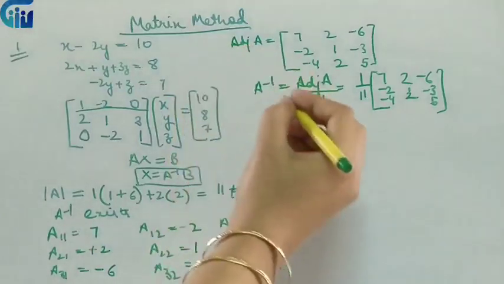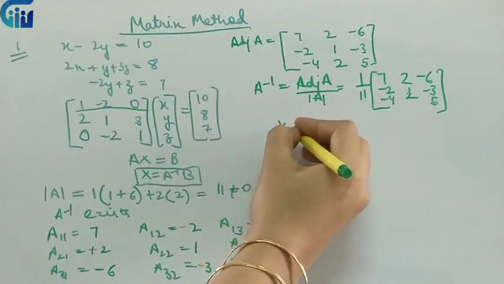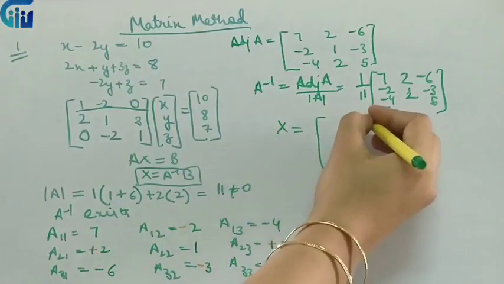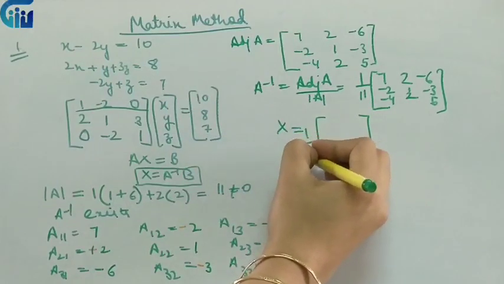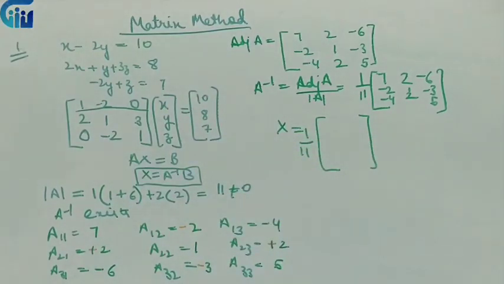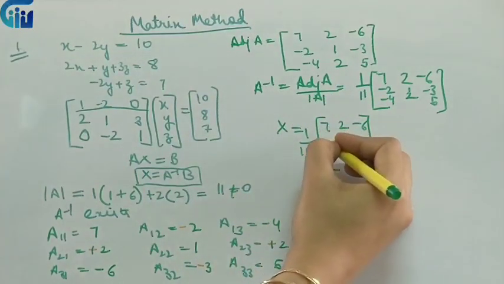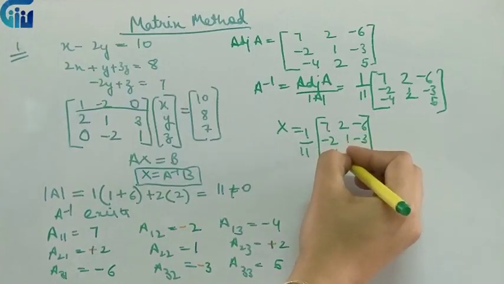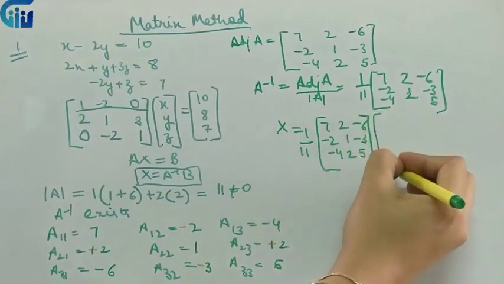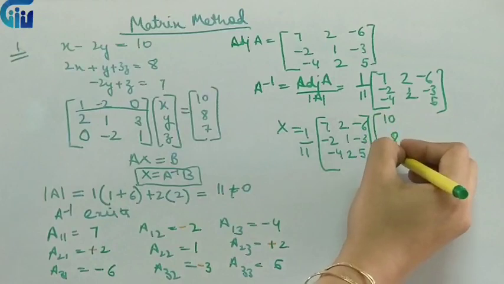Then I'll find X, which is A inverse into B. This 1 upon 11: whatever constant you have, if it is 1 or minus 1, you can take it inside. But if you have any other factor, keep it outside, because at the end when you add and subtract, you can ultimately divide, and it will be easy for you to do the calculation. So we will quickly write all this over here, and then multiply it with B. This is B over here.